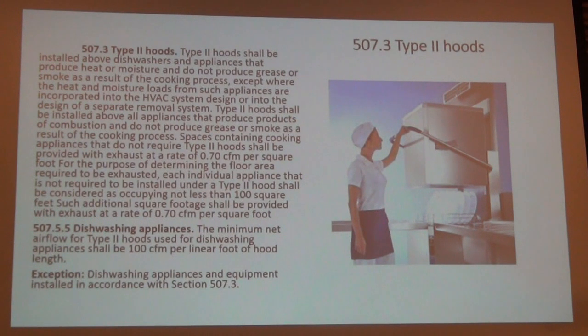You need to protect behind the filter and then the duct itself. Right. But it still has to be protected because somewhere down the road, maybe somebody decides to change it. So if you're doing Type 2 hood cooking, put a Type 2 hood in. Don't put a Type 1 hood.